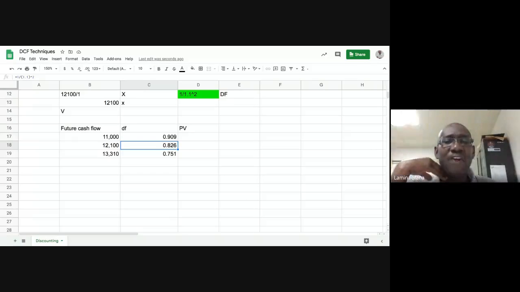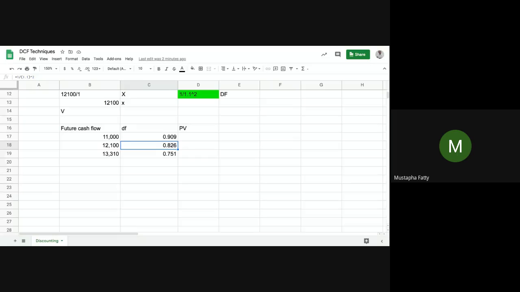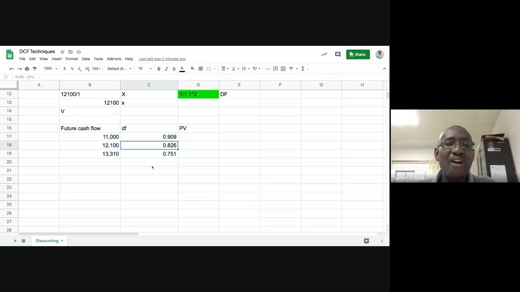Now after that, don't divide by 1.1. Just press equals and see what will come. Yes, 0.71751. Exactly. If you have the fourth year, press equals again and it will give you the fourth year, press equals again and it gives you the fifth year, and so on. So that's the fast way of calculating it.